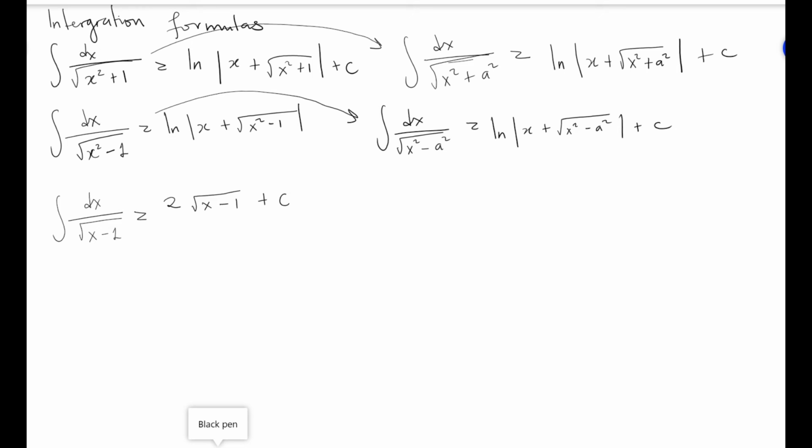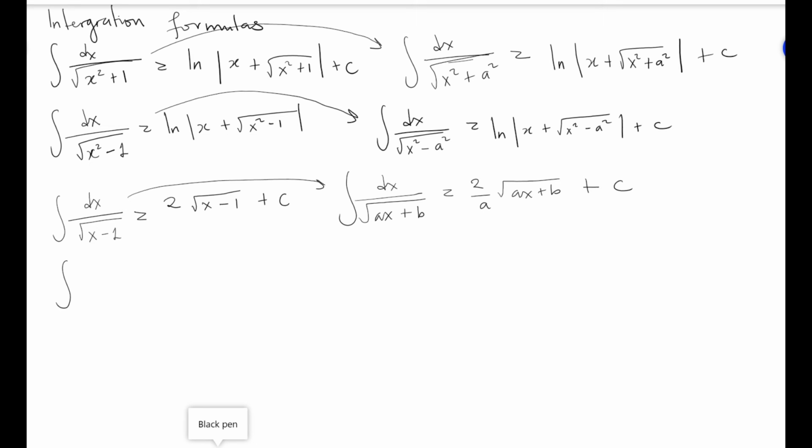The general formula is the integral of dx over the square root of a linear function ax plus b, which will be equal to 2 over a times the square root of ax plus b, plus c.